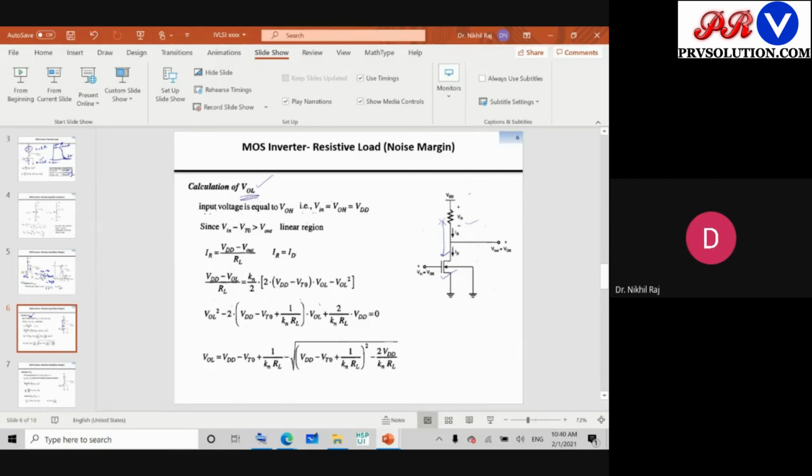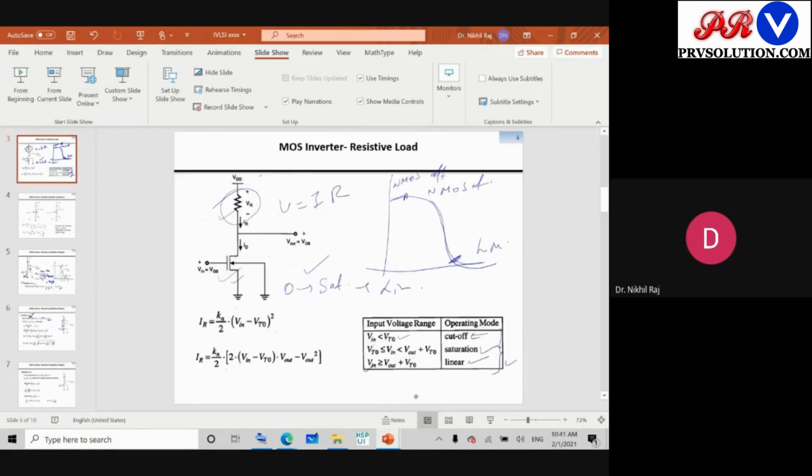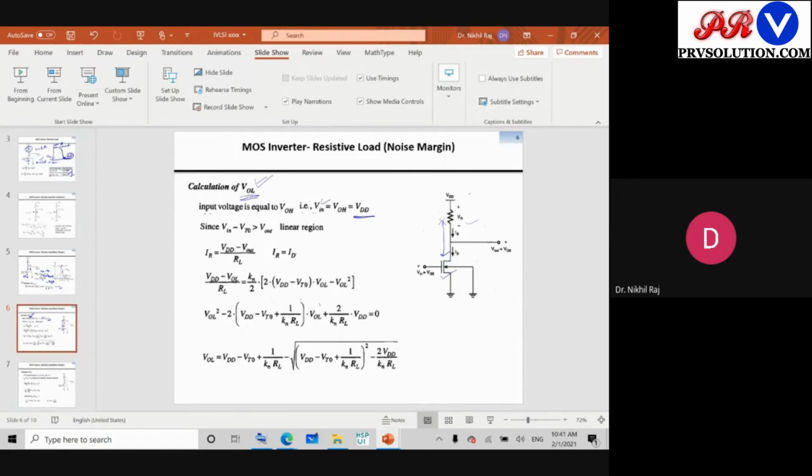Now we know from the property that when a low logic is required, my input should be high. Okay. So let's say my Vin is equal to VDD and at that point my VOL will be seen. So how much will be the VOL? When Vin is very high, we are calculating VOL, so NMOS is in the linear region.